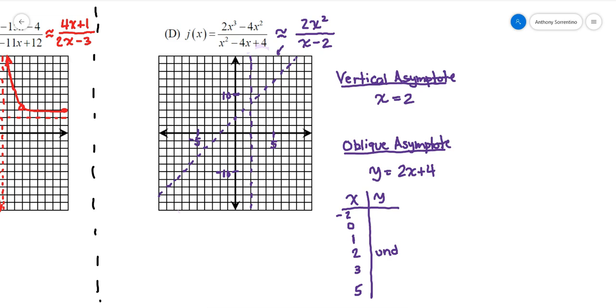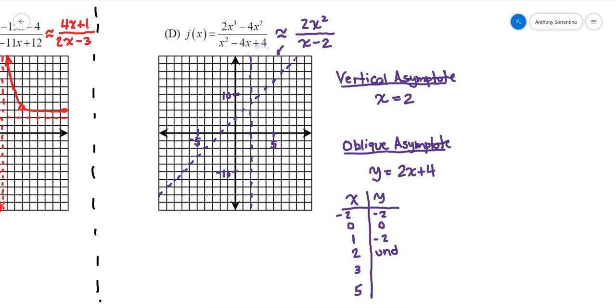So at -2, if I put that in, I'm going to have 8 over -4, which is -2. At 0, I'm going to have 0. At 1, I'm going to have 2 over -1, which is -2.